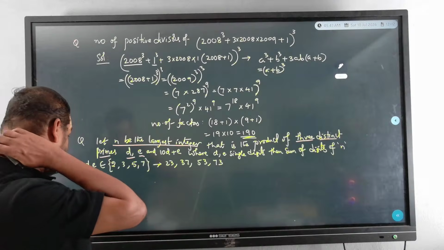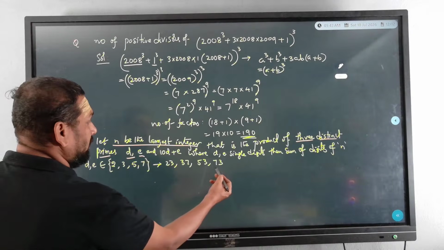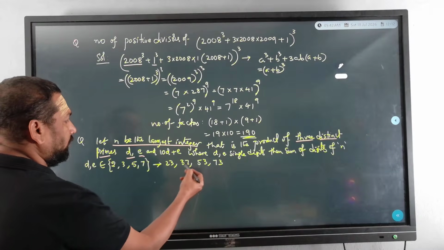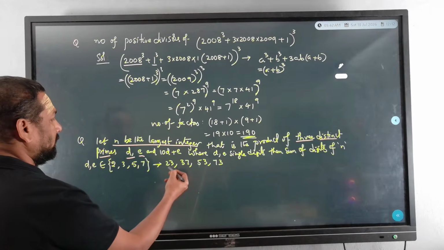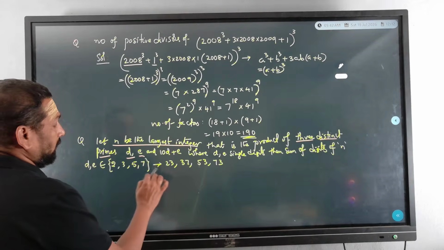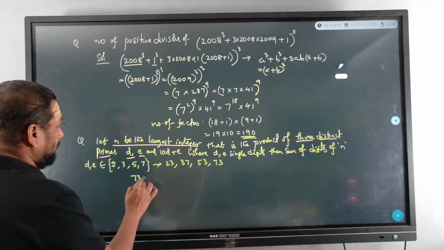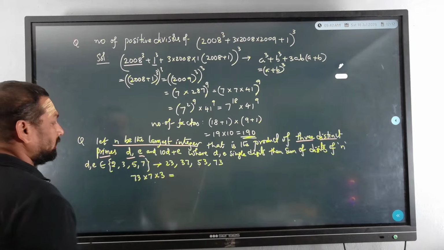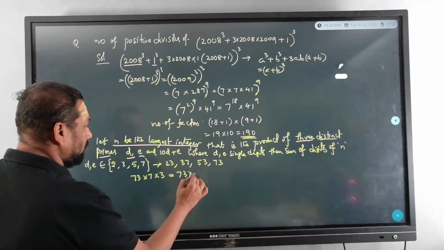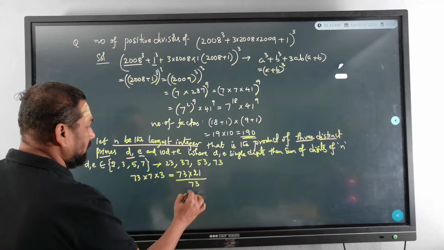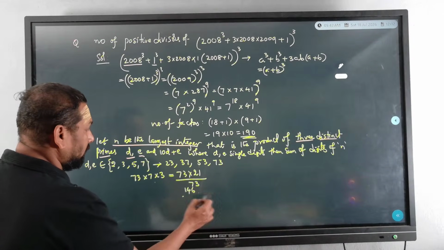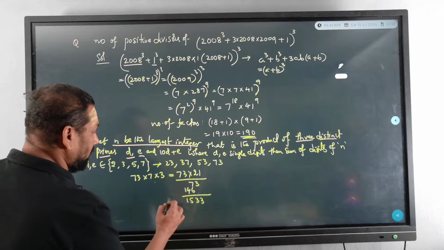Here we have to consider 7 into 3 is 21, 5 into 3 is 15, so 21 is larger. So the product is 73 into 7 into 3, that is 73 into 21, which is 1533, n max.